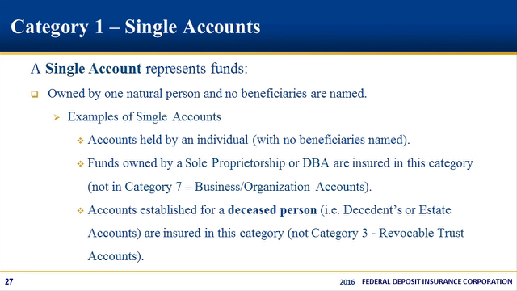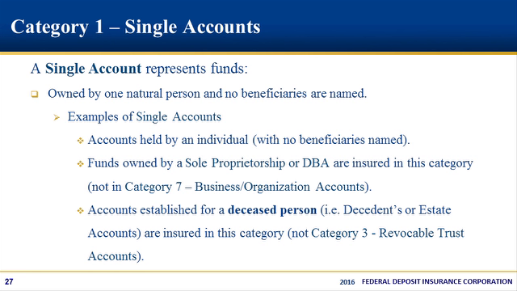The only requirement in this category is that the deposit must be owned by a natural person and that no beneficiaries are named. Now, in addition to deposits that are owned by an individual person, there are some other common situations where deposited funds are specifically included and insured under Category 1 single ownership accounts.